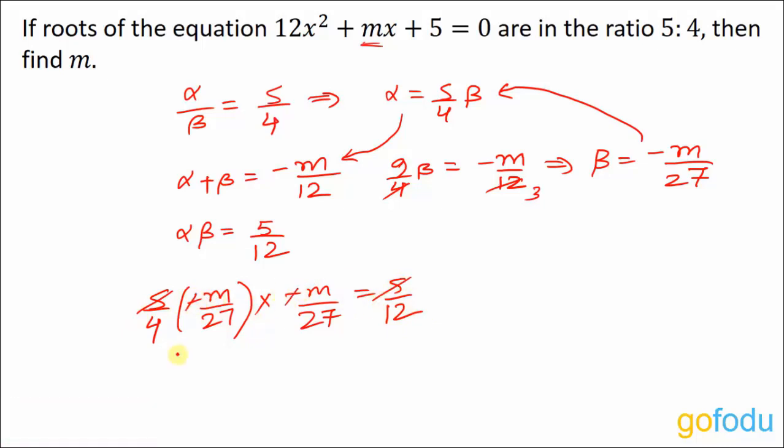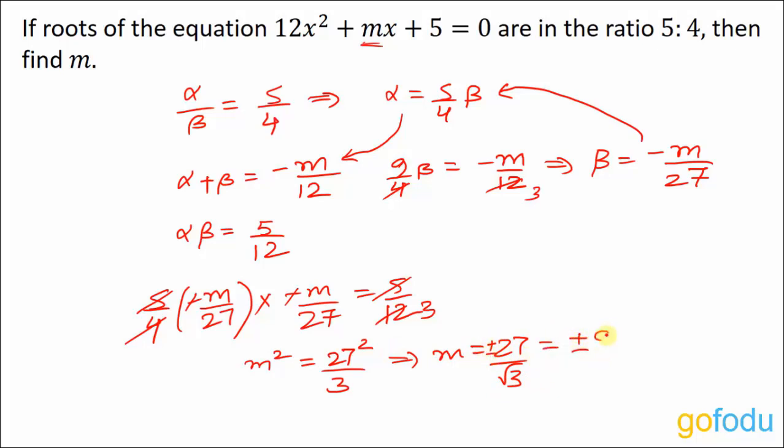Minus and minus will be plus. 4 3s are 12. So m square will be equal to 27 square upon 3, or we can say m will be equal to 27 upon root 3, or I can multiply numerator and denominator by root 3. A plus minus sign will come here, and this will be equal to plus minus 9 root 3. This is our final answer.